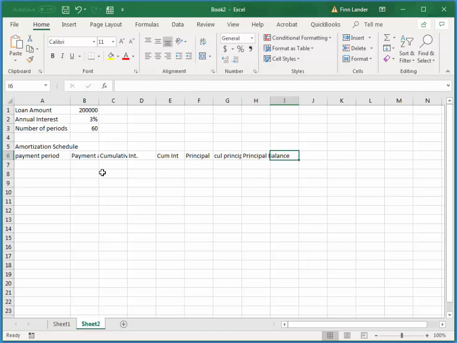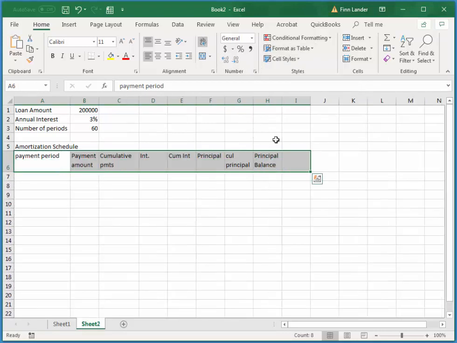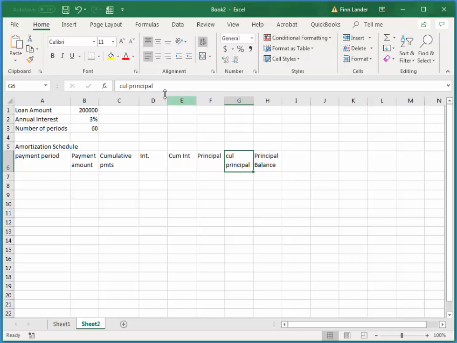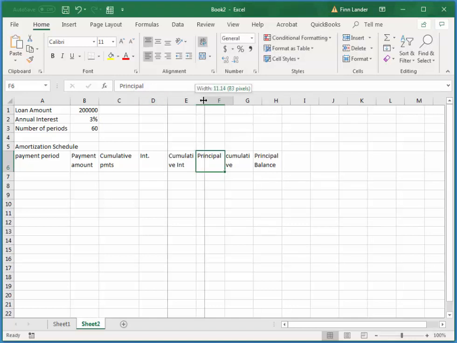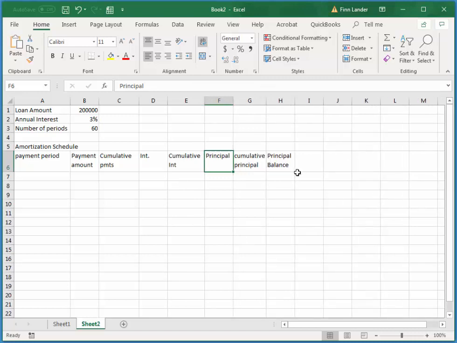And I'm just going to quickly make these a little taller and word wrap them so we can see everything in one column. Should be cumulative. And cumulative. There we go.